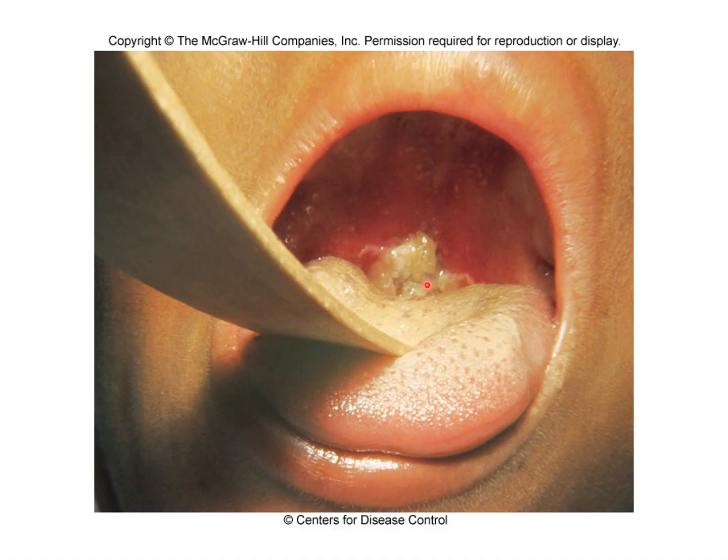So this is the pseudomembrane formation caused by Corynebacterium diphtheriae. As we said, this is cellular debris with exudate, with the killed bacteria, and with mucin.